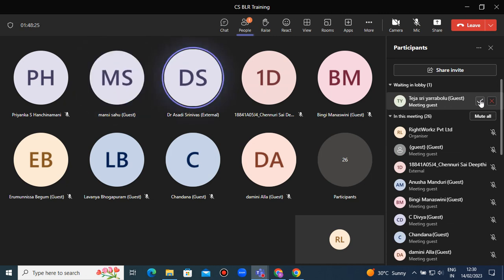And what is meant by cloud computing? The word cloud computing refers to a model of delivering on-demand computing resources over the internet. What are the major services of cloud computing?